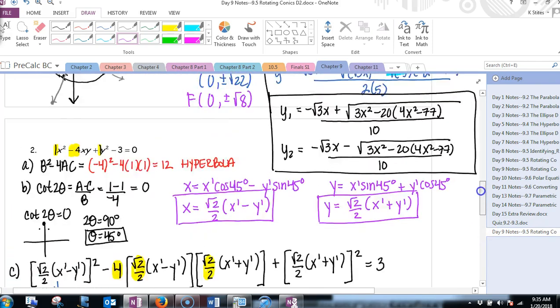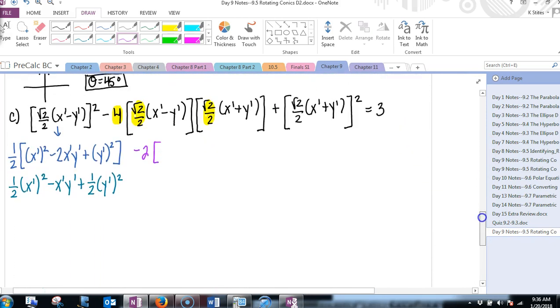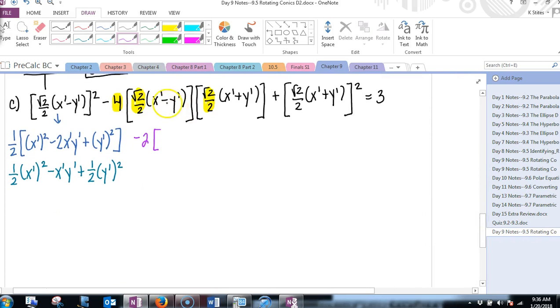All right, so that's different from up here. Up here, because your x's didn't match and your y's didn't match, you had to FOIL, like normal FOIL. This one isn't going to be as bad. So this will just be x prime squared minus y prime squared, because your x prime y prime terms will cancel out, because you'd get plus x prime y prime minus x prime y prime.